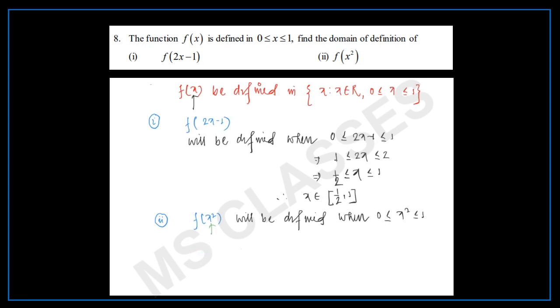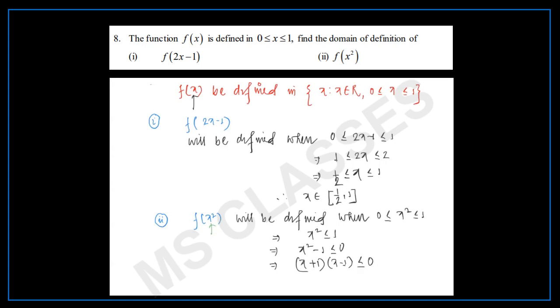We can say x² ≤ 1. Now, the square of a number is always greater than or equal to 0, so there is nothing to do here. After that, you can say that x² ≤ 1, or x² − 1 ≤ 0, and then (x + 1)(x − 1) ≤ 0.